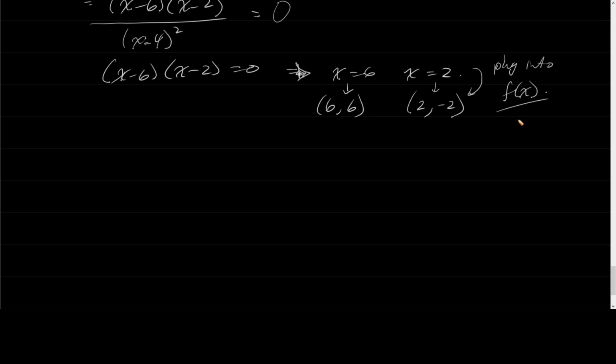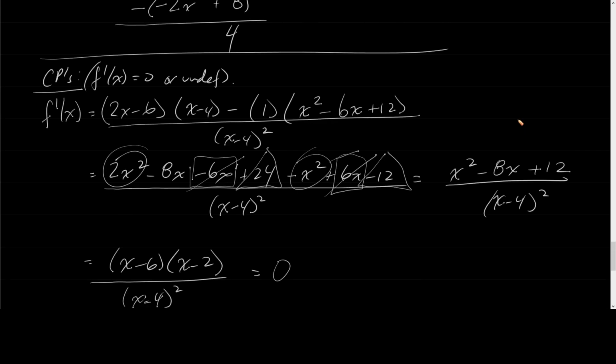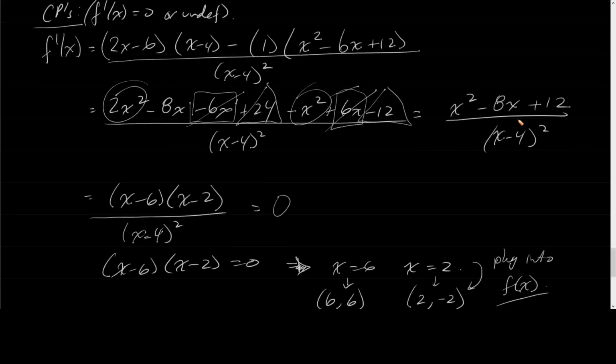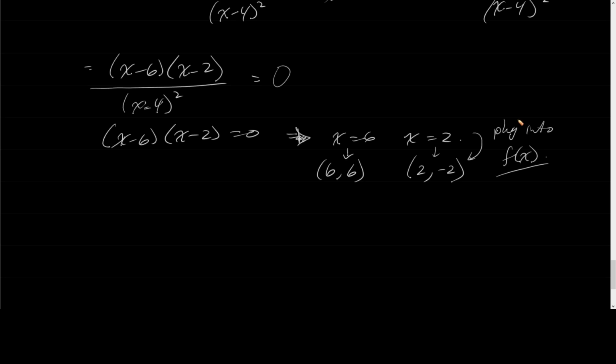All right, so now, what's the next thing that we need to look at? Well, what we found there was where f prime of x is equal to 0. The next thing is, is there anywhere where it's undefined? Well, yeah, at 4 it's undefined, because I can't plug in 4 here.